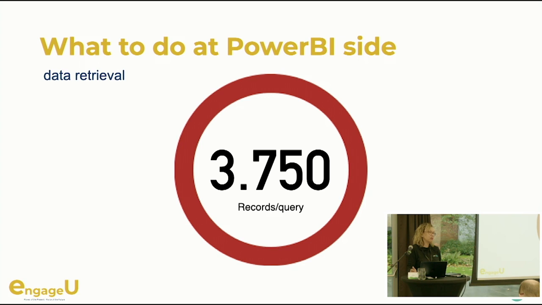The Claris record limit is 3,750 records per query, so it's not very much. So if you don't want to get a timeout from the FileMaker side, you must always respect that limit. We put the limit at 1,000 just to be conservative, because there are other limits. I will talk about timeouts afterwards, but this is quite important.